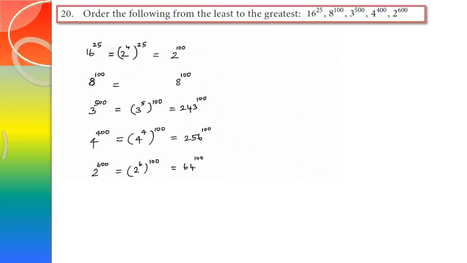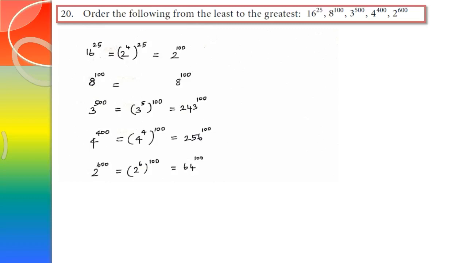Listen, 16 power 25 is first written as 2 power 4 power 25. In this question the bases are different, so we change the powers to the same. 2 power 4 equals 16. So 2 power 4 power 25, the powers multiplied, gives 2 power 100.